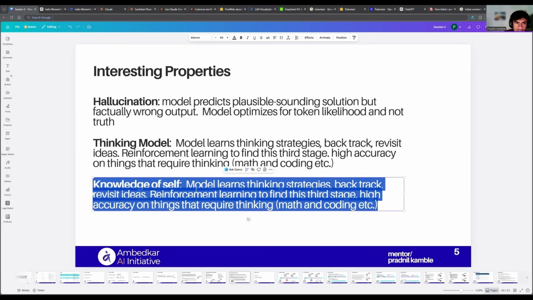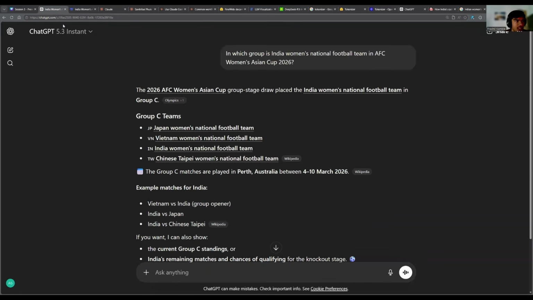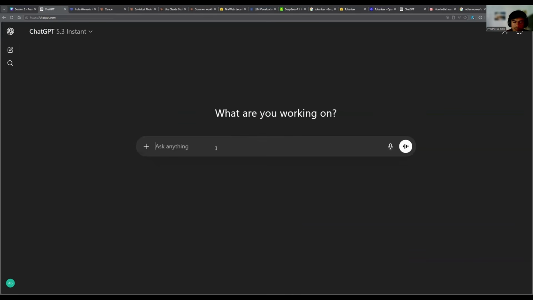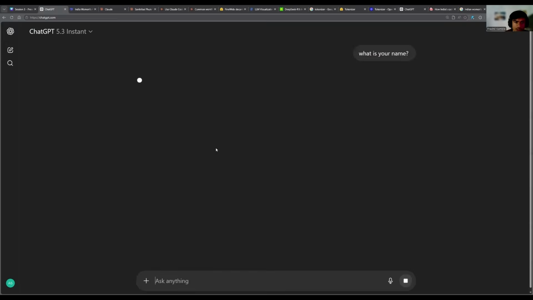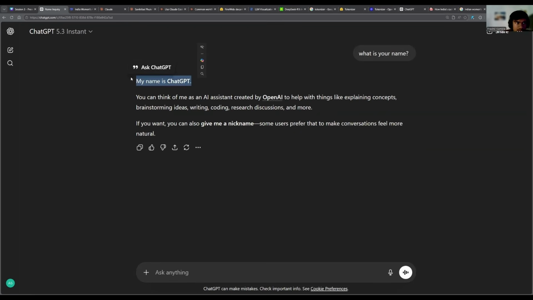Knowledge of self is the third interesting property of this model. So how does the model know that it's ChatGPT or whatever? For example, let's ask ChatGPT, what is your name? So what is the knowledge of self that this model has? It says my name is ChatGPT, you can think of me as an AI assistant and so on. Usually the knowledge of self is not in the internet data.